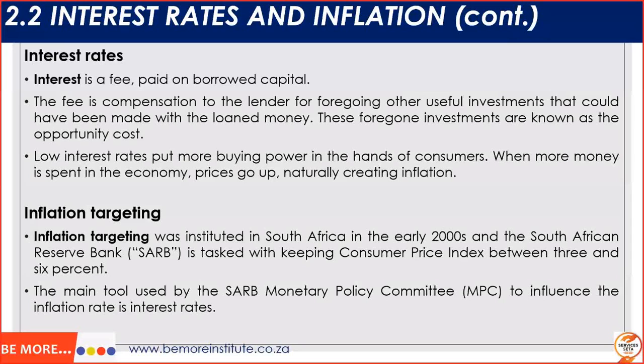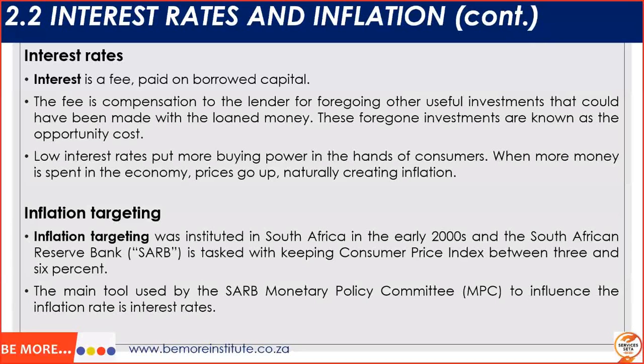The fee, as I've just said, is compensation to the lender for foregoing other useful investments that could have been made with the loaned money. These foregone investments are known as opportunity costs. Low interest rates put more buying power in the hands of consumers.